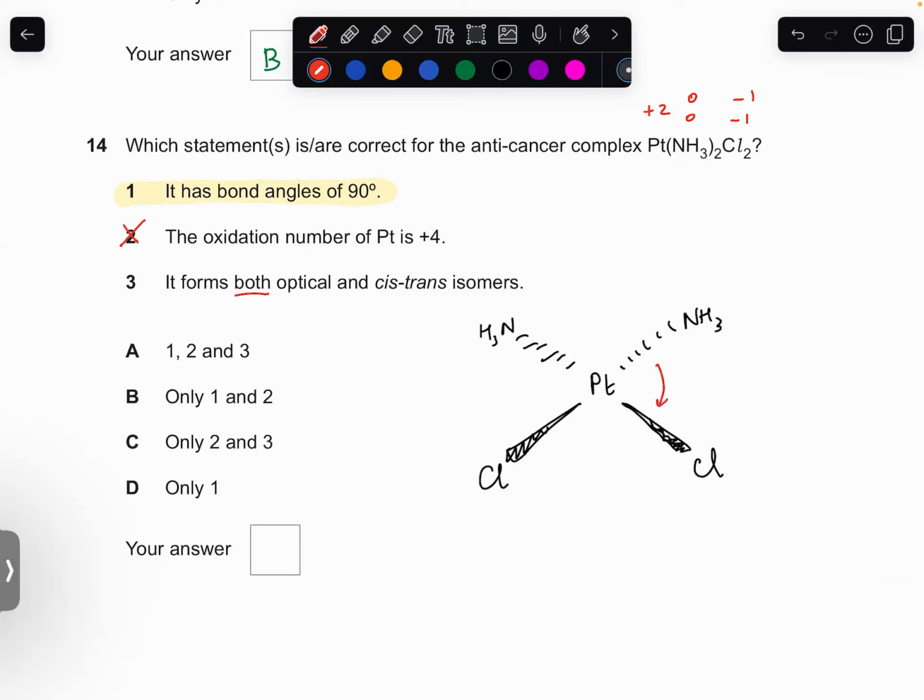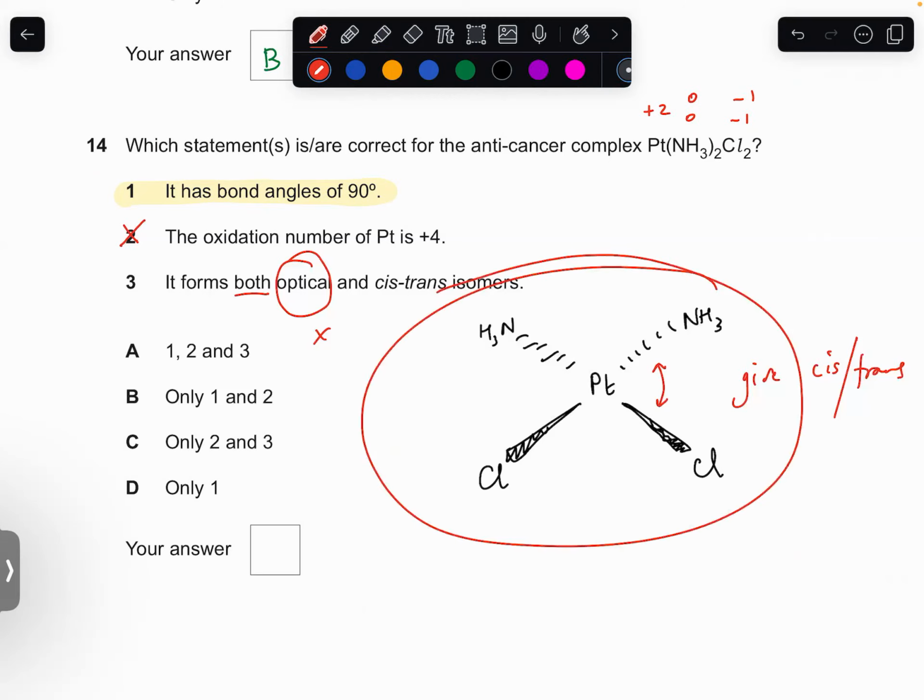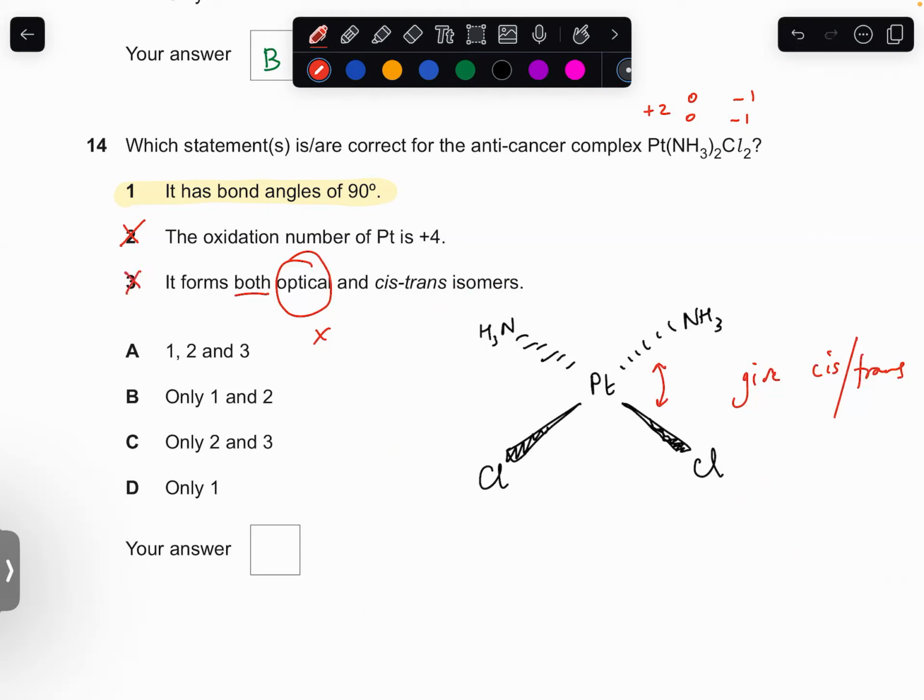If you flip these over, it will give you cis-trans. However, it's not an optical isomer. Optical isomer is where the mirror image is non-superimposable. And the mirror image of this would be superimposable. So it would not be number 3. So the answer is only number 1, which is D. And the mark scheme supports that.